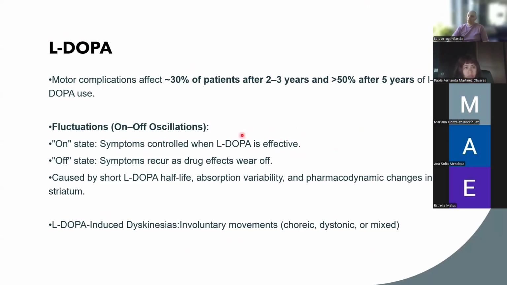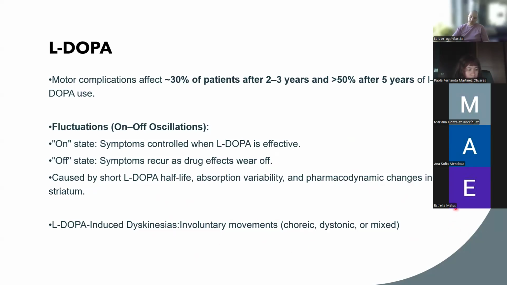Symptoms are controlled when levodopa is effective, and the symptoms return when the drug is washed off. They are caused by short levodopa half-life, absorption variability, pharmacodynamic changes in the striatum, and this generates dyskinesias, which are involuntary movements.